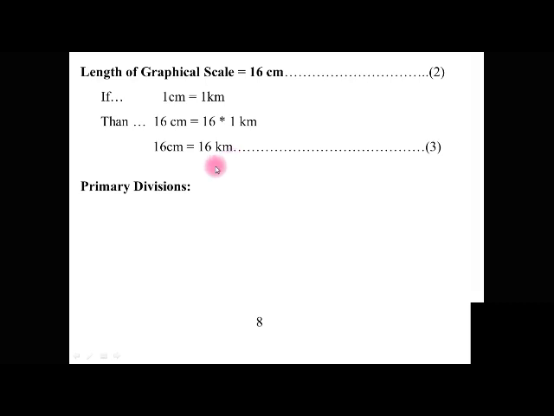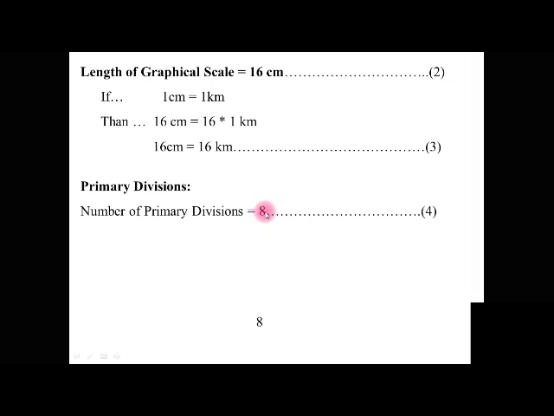And the point is, while dividing this total distance on the ground into the primary divisions, the answer should be a round figure. And hence I decide here that my primary divisions will be 8.